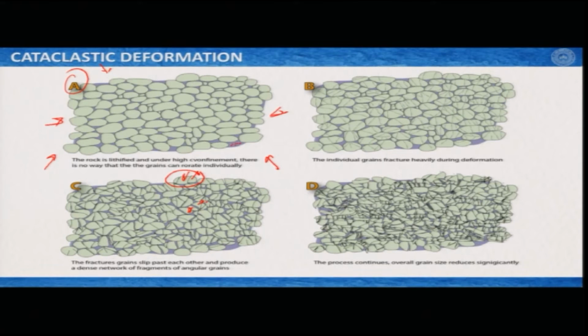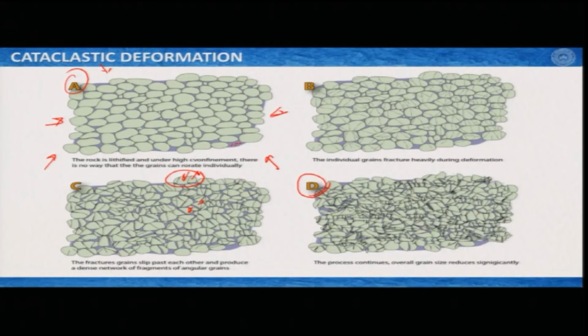So, all these processes do happen, but what is important, you see, is that by this fracturing the grain size got significantly reduced, and if that continues, what we finally achieve is, you see in the illustration D. So, the overall grain size reduces significantly. The grains, unlike the granular flow, are extremely angular.